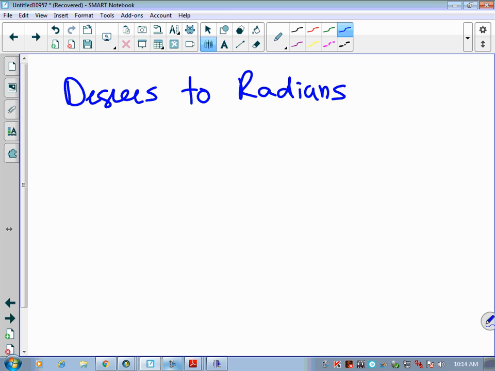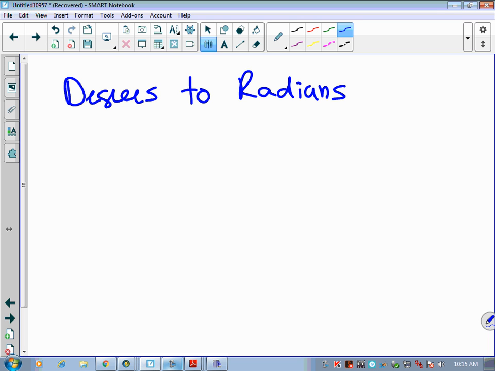Okay, if you look in your calculator, if you go to mode, you're going to notice that there are two things. You can either have your calculator in degree mode or you can have it in radian mode. Most of the things that we do, we want to have our calculator in degree mode, and you've probably heard me say that before. Check and make sure that we're in degree mode if we're working with degrees. Okay?